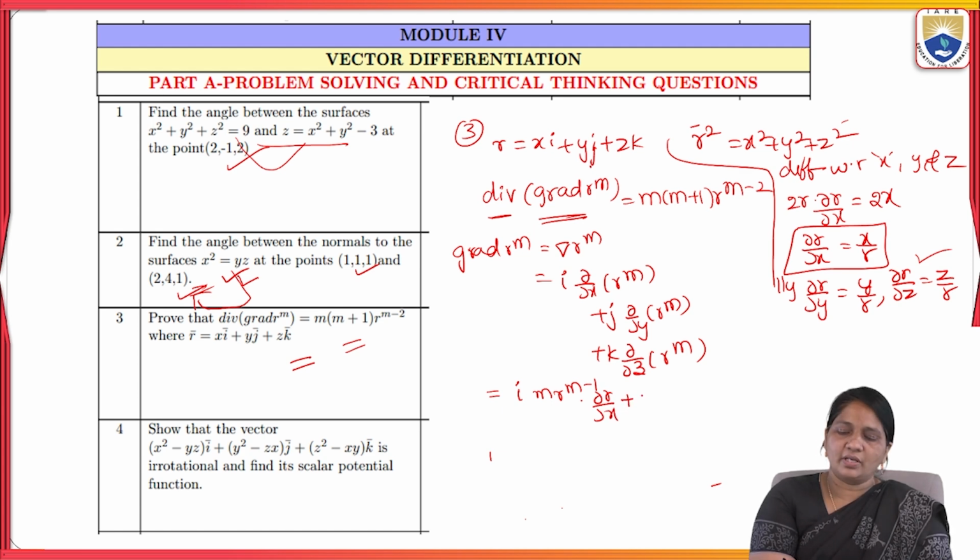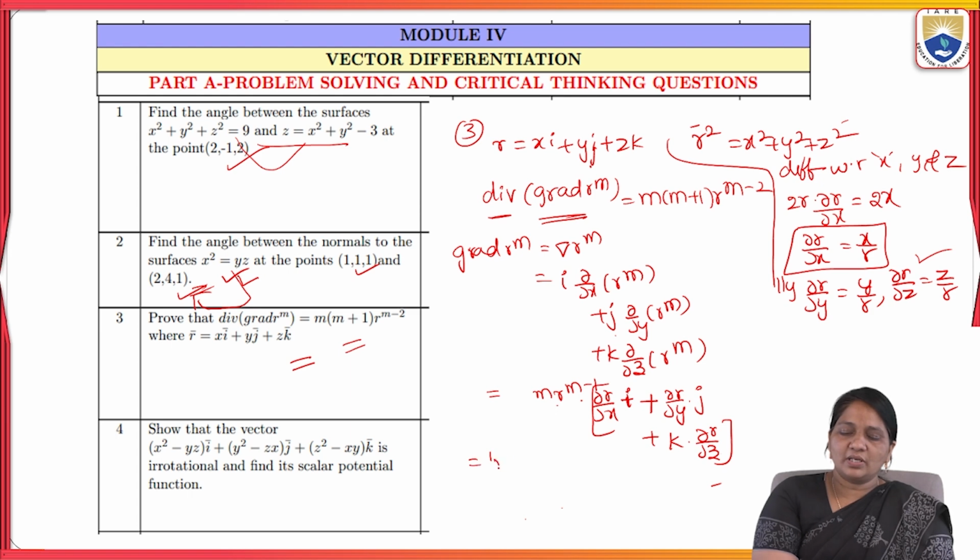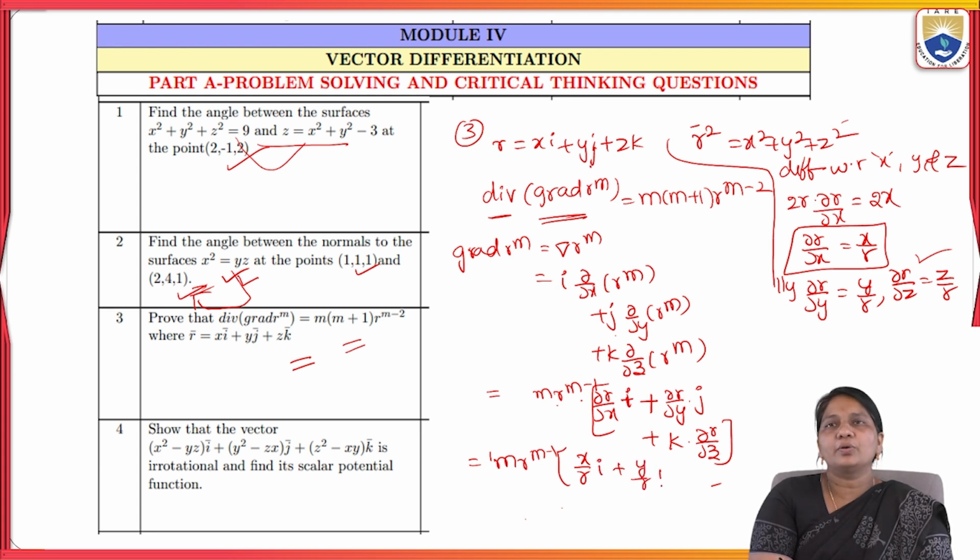In the same way the remaining terms also: m into r power m minus 1 into dou r by dou y into j, plus k into dou r by dou z into m into r power m minus 1. So dou r by dou x value is x by r into i, plus y by r into j, plus z by r into k.